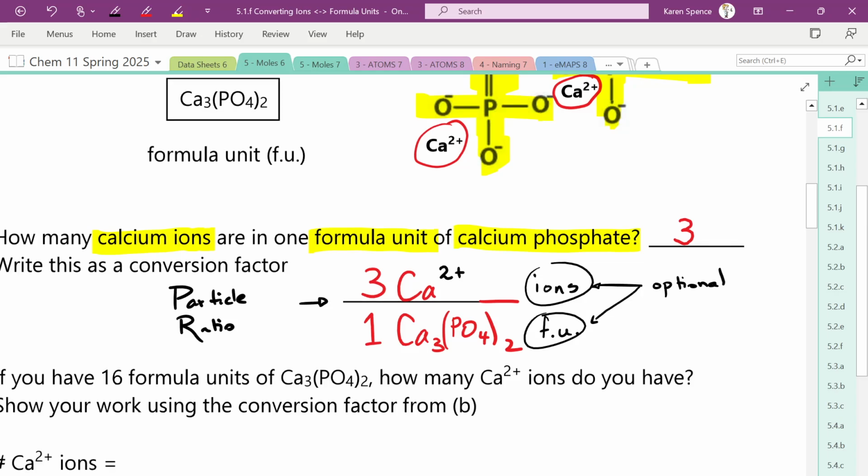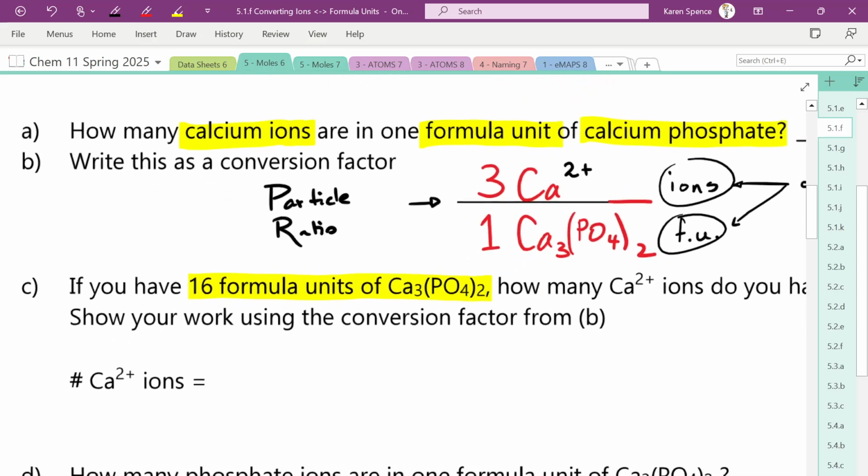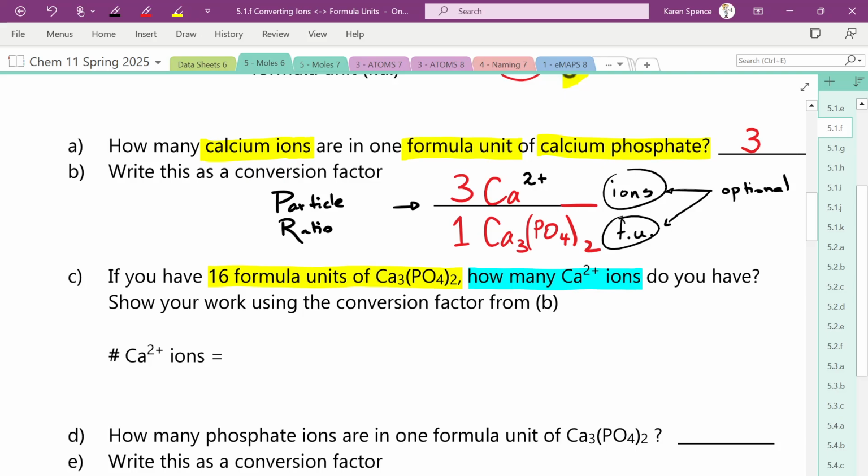So now let's use our formula ratio. And if we have 16 formula units of Ca3(PO4)2, how many Ca2+ ions do we have?